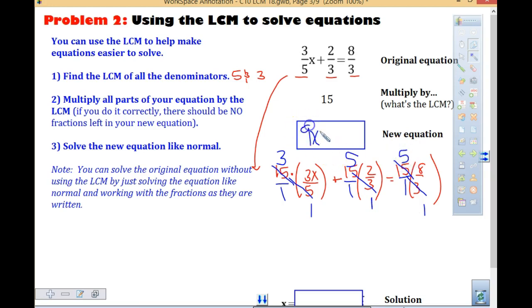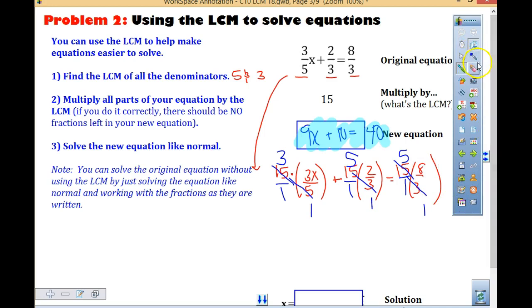So we had 9x. What was this middle one? Plus what? 5 times 2 is 10. Equals, what are we going to have back here? Equal 40. So my new equation, 9x plus 10 equals 40.